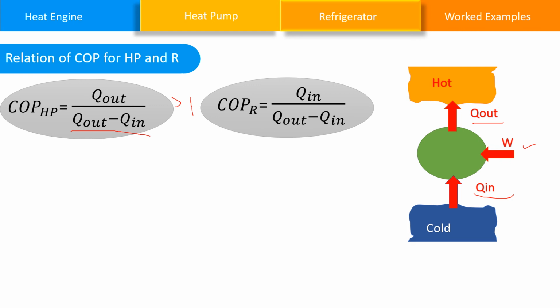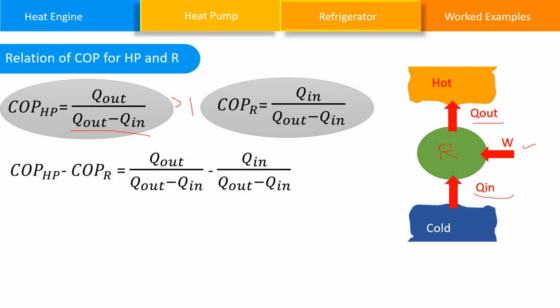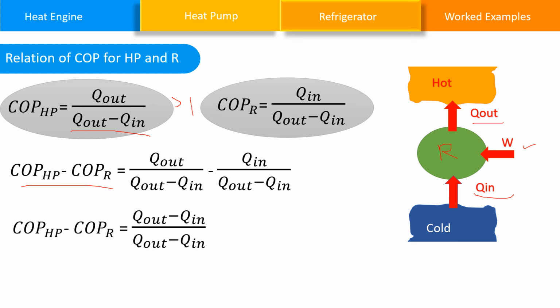So COP will always be greater than 1. Then if the same device is working as a refrigerator, then Q in will be my desired output, divided by Q out minus Q in. So if I subtract the COP of the refrigerator from the COP of the pump, I can see that this is essentially Q out minus Q in upon Q out minus Q in, which is the same thing in numerator and denominator, so it can be written as 1.